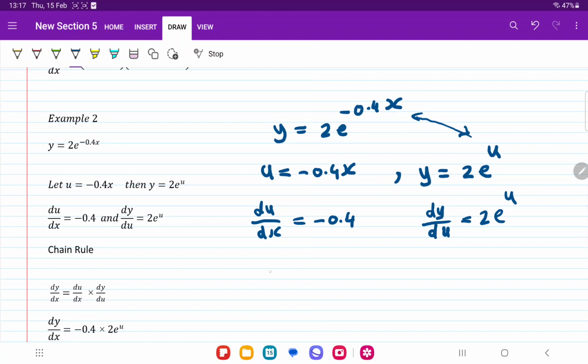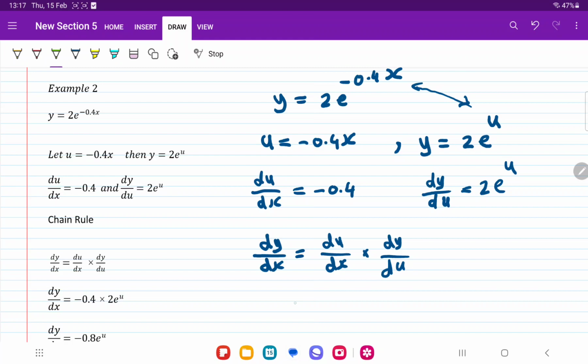Okay, so we're going to write down the formula of chain rule again. dy over dx equals du over dx times dy over du. So all we're going to do now is replace these with the actual values.